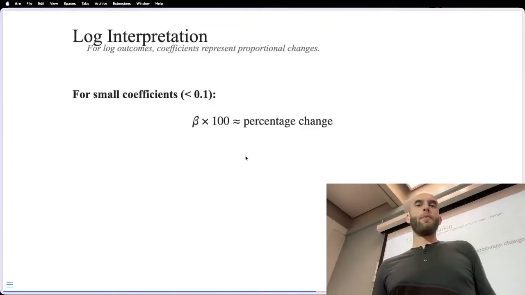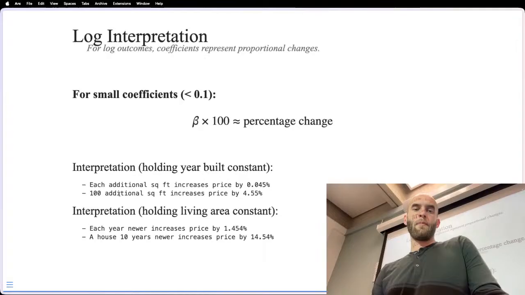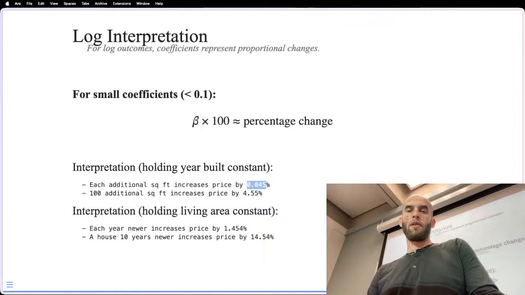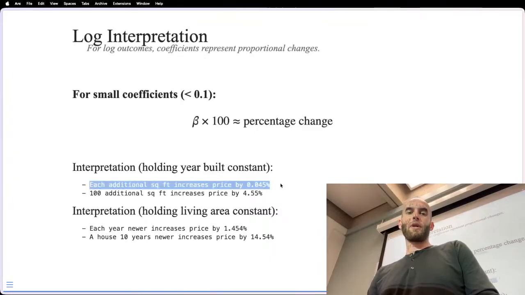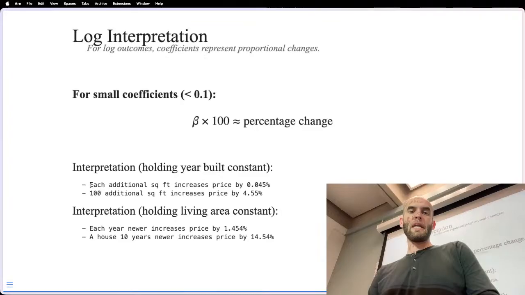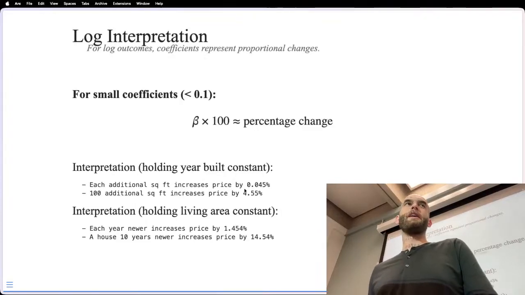So in this context, our beta 1 in the controlled model was 0.00045. We multiply that by 100, which gives us an interpretation like this: each additional square foot increases the price by roughly 0.045%. This is a really small number and hard to internalize.